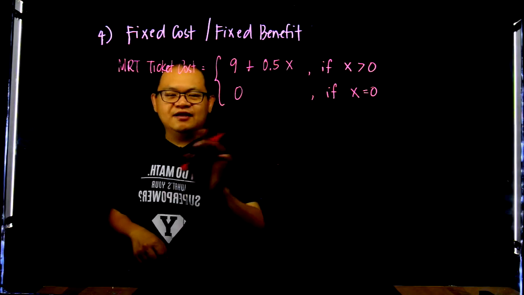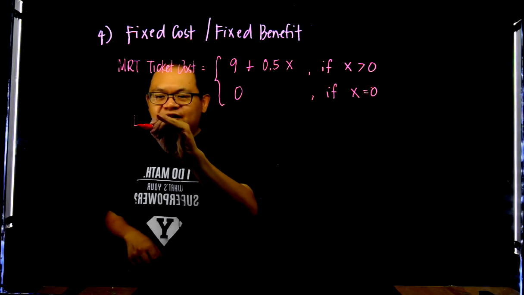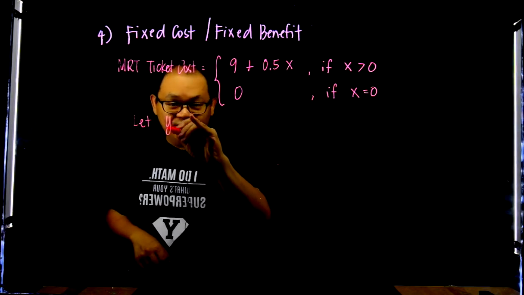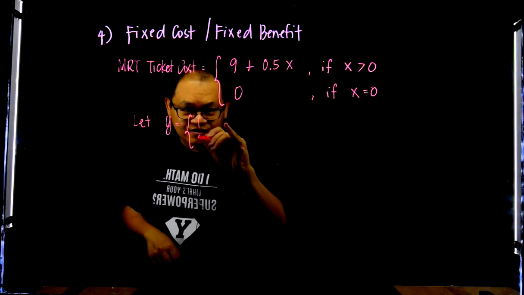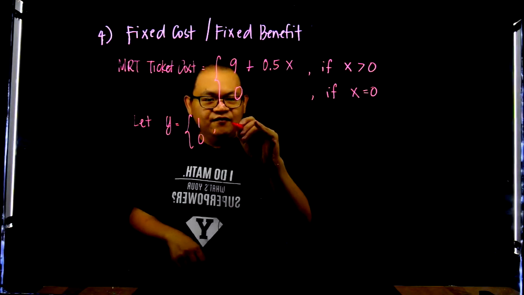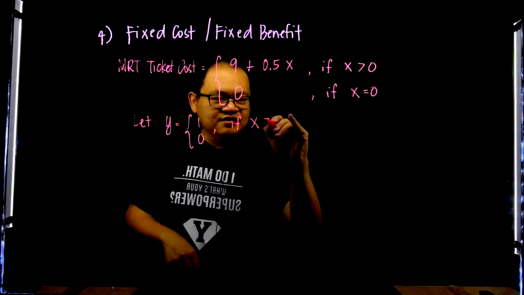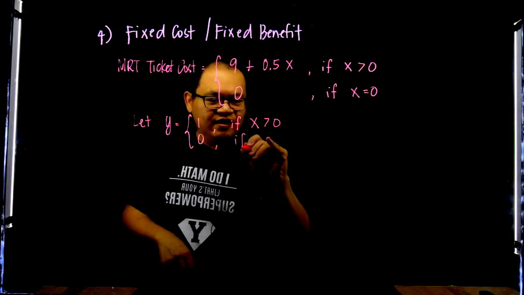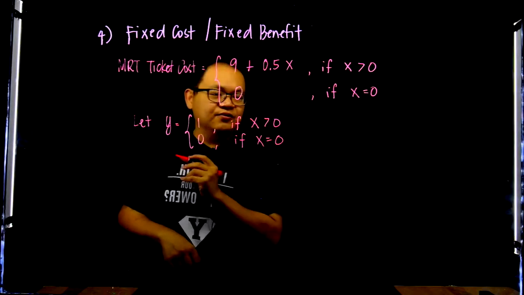Let me give you an idea. We will let a binary variable, y in this case, be equal to 1 or 0: 1 if x is positive, 0 if x is equal to 0.